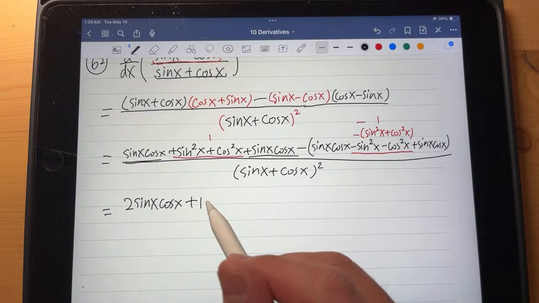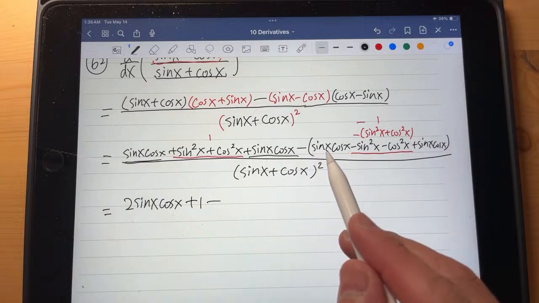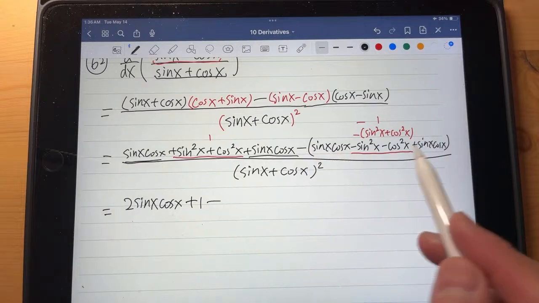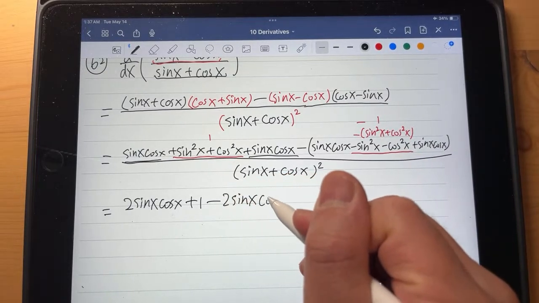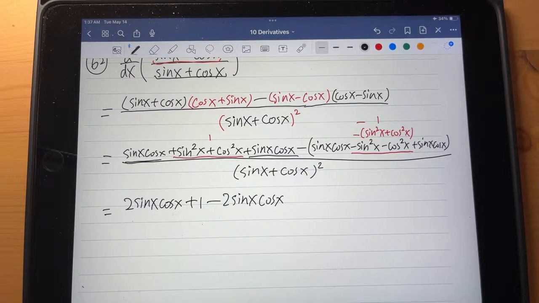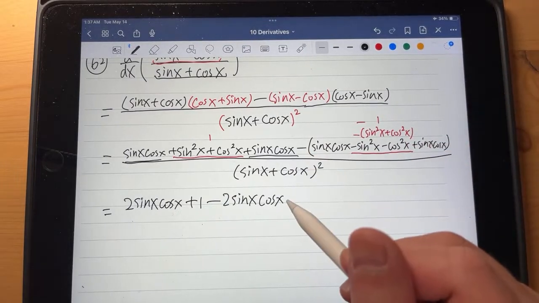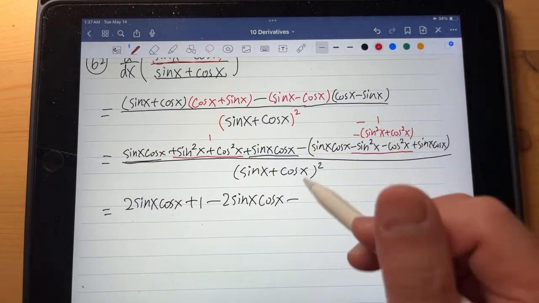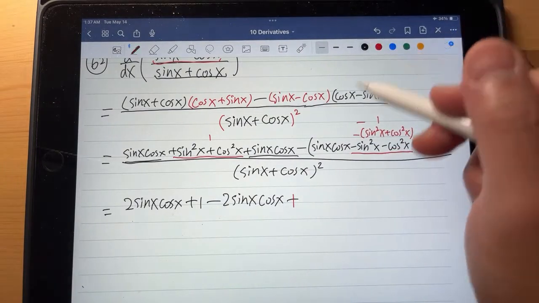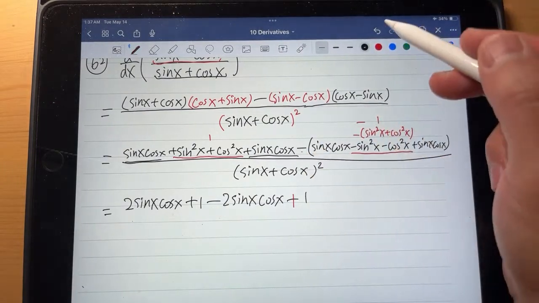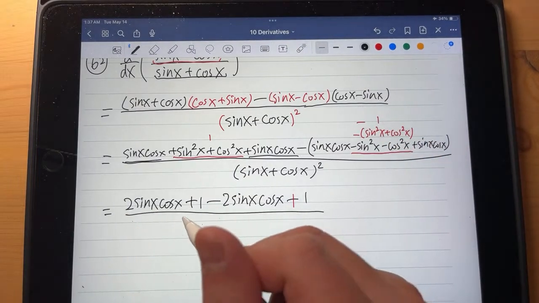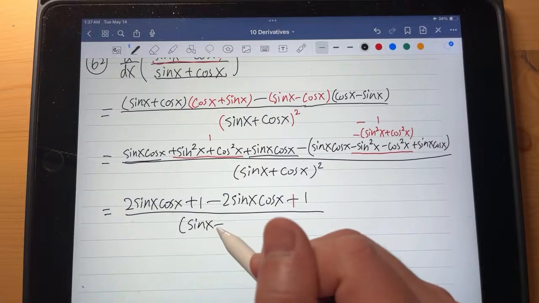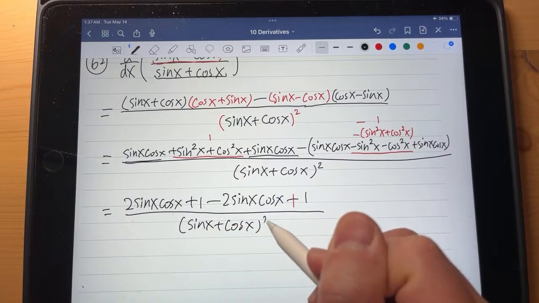Then we are going to minus, here we have sine x, cosine x, and then another 1. So that's minus 2 sine x, cosine x. Lastly, we are going to minus a negative 1, so it becomes a plus 1. Yeah, minus negative 1. Okay, over sine x plus cosine x squared.